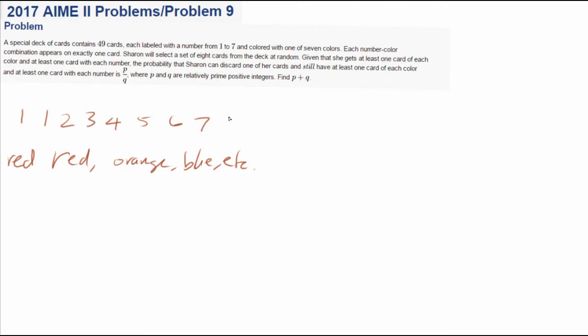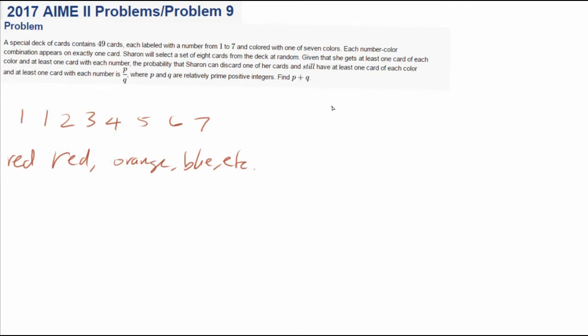So first, what is the total number of ways you can assign the colors to the numbers? Well, the only cards we really care about are the ones with 2 ones and 2 reds. So what is the total number of ways she can assign these 2 red cards to the numbers above?